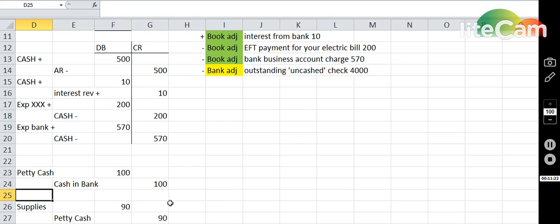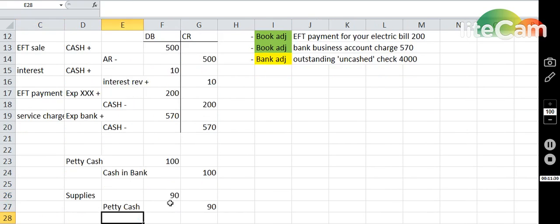And then when I use money from this small little fund that we have at our office, we will then say what it was used for and the amount, and then we'll need to decrease our petty cash fund. Okay. So we went ahead and we bought 90 worth of supplies. So my supplies account increases and my petty cash will decrease 90, so I'll have 10 remaining. Okay.